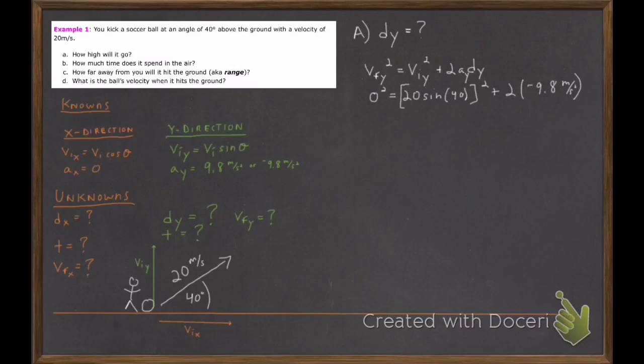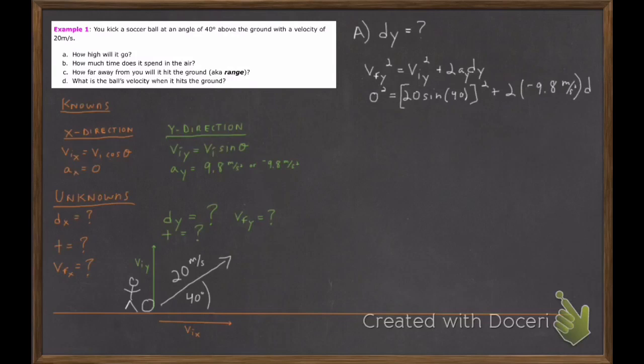Now why do we use negative 9.8? Well, we said that our velocity is going up, so we're choosing up as the positive direction. Since our velocity is going up and that's positive, the acceleration which is coming down is impeding our velocity. It's slowing it down. Therefore, we have to show that by a direction change. So our direction of our acceleration is down. Therefore, it is negative.